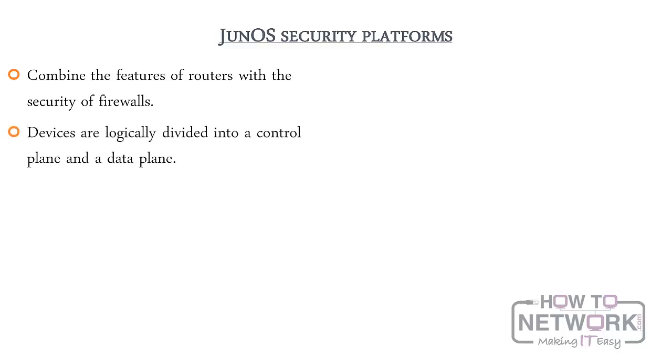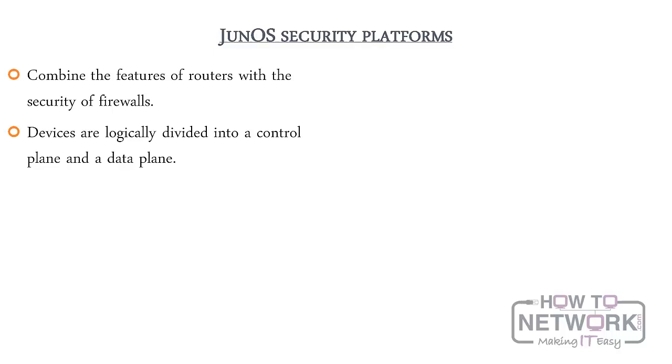Junos security platforms combine the features of routers with the security of firewalls. They use Junos OS processing of routing, management, and others. Packet forwarding is packet-based, or every packet is fully inspected, but Junos security platforms add flow-based forwarding, where each packet flow is inspected, as well as policy and additional inspection, including ALGs and IDP, or intrusion detection and prevention.